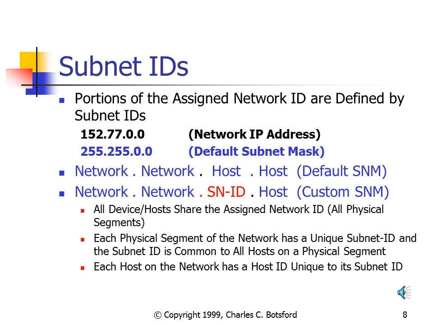Now, I'm starting with a Class B address, 152.77.0.0. The default subnet mask, of course, because it's Class B, is 255.255.0.0. The 255 is indicating the portion of the IP address that is the network ID, and the 0 is indicating the portion of the IP address that is the host ID.